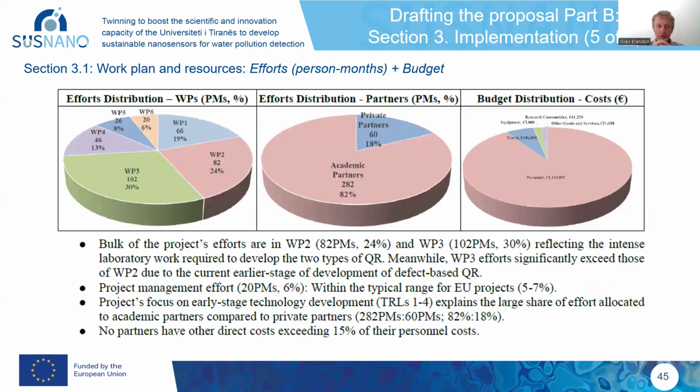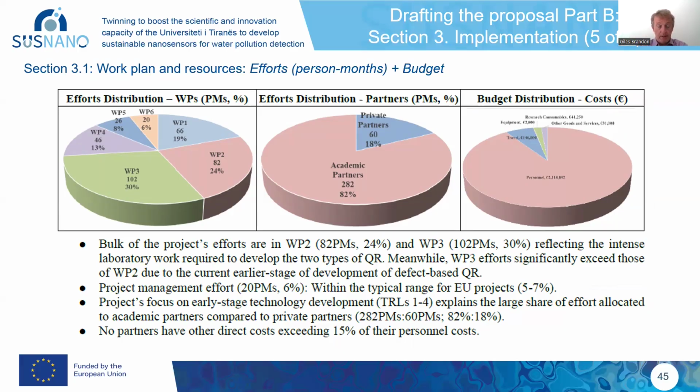So we now move on to talk about, still in section 3.1, work plan resources, efforts, person months, and budget. So the Commission wants us to write some words to justify, to explain our budget.